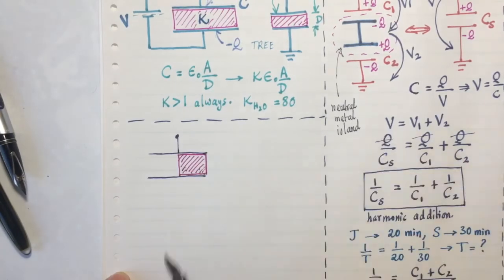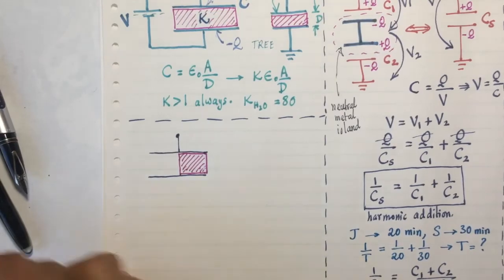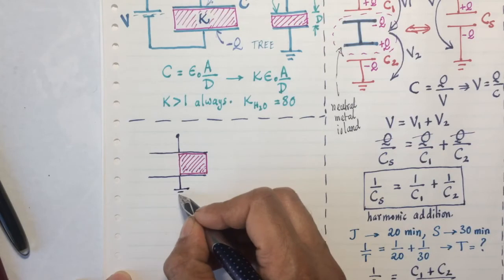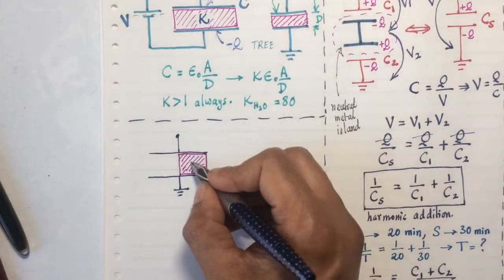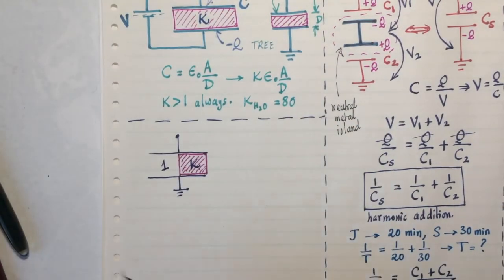Well, that could happen. You have a dielectric, you didn't buy enough, so you can only put half the capacitor with the dielectric, and the other half is just air or vacuum, because I told you that kappa for air is the same as kappa of vacuum. Let's call this kappa, and that's just 1, a kappa of 1.